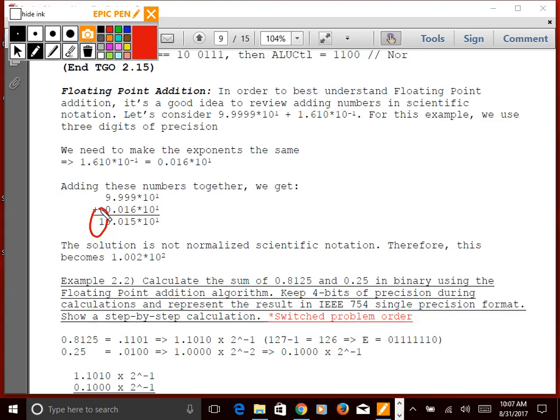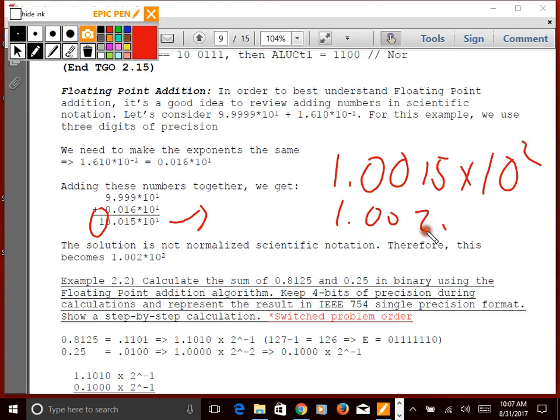So this is a carry bit, or a carry digit, I should say, since here we're actually doing base 10 addition. So in order to do this, what you end up doing is you have to do 1.015 times 10 to the 1. Or if you have the number of digits, it would be 1.002 times 10 to the 2.